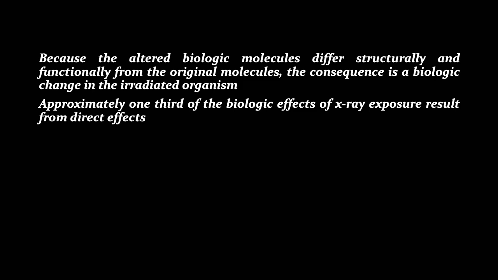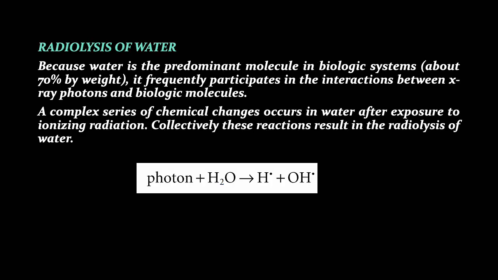One third of the biological effects are a result of direct effects from radiation, while two thirds, the most of the part, is from the indirect effect, that is radiolysis of water.